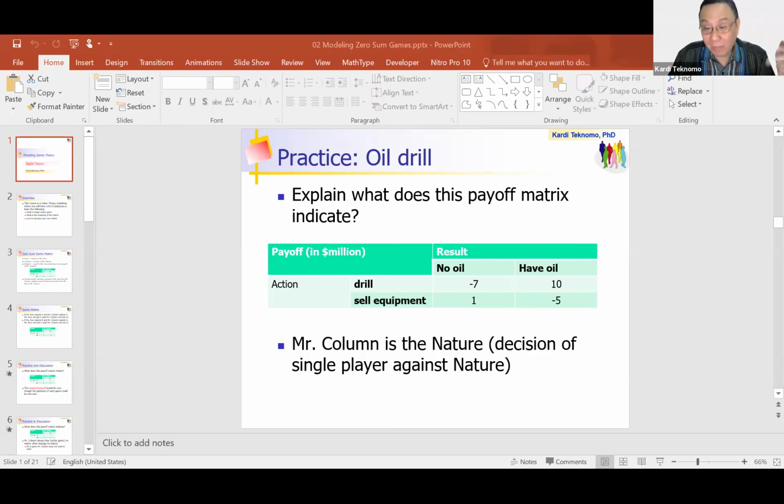But if there is oil there, the company will earn 10 million. And if the company decides to sell the equipment, of course, it will gain $1 million. But if there is oil, even though the company sold the equipment, it will lose an opportunity of like $5 million. So that's the meaning of this payoff matrix.